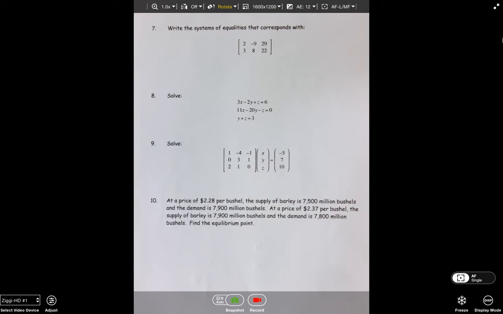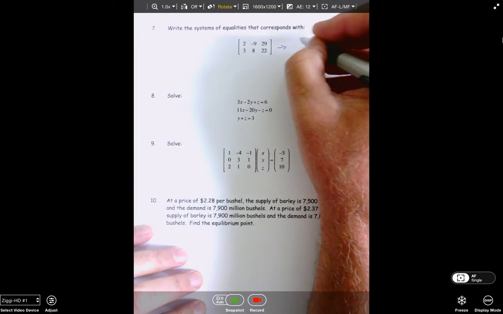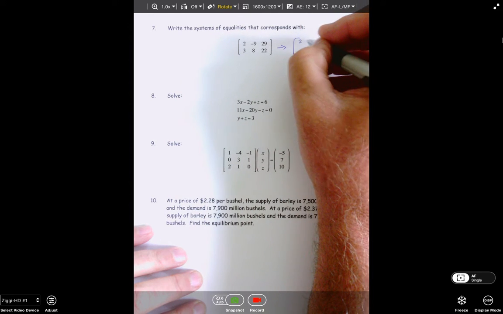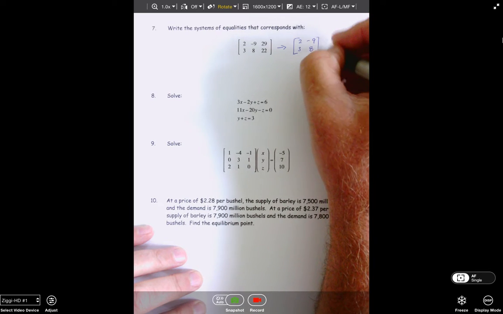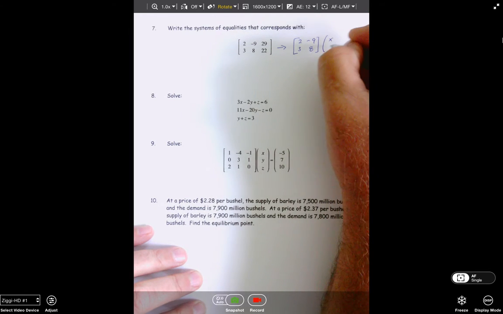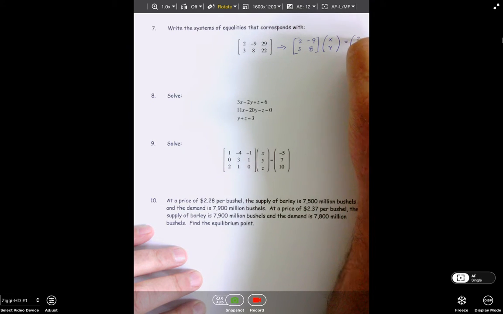Write the systems of equalities that correspond with this. Well, guys, this essentially comes from, and I've demonstrated this in previous videos, and I'll just use X and Y here.